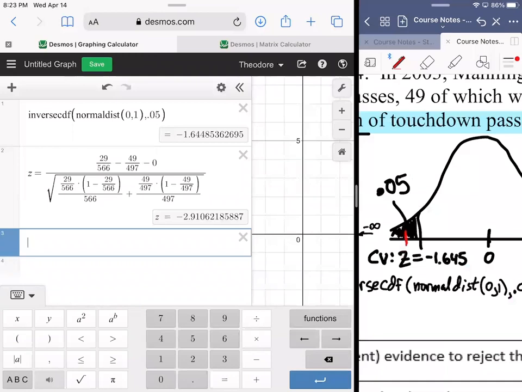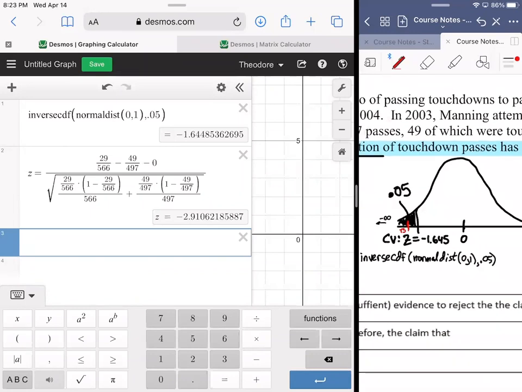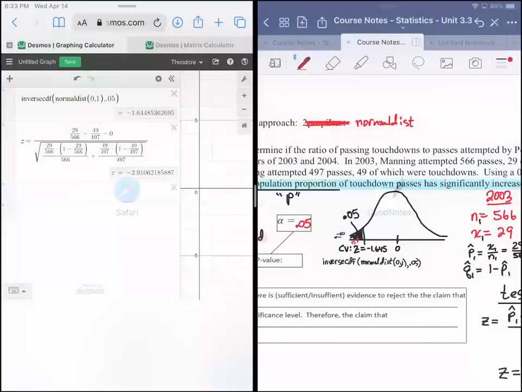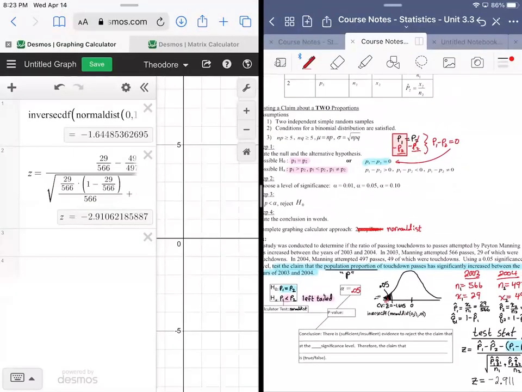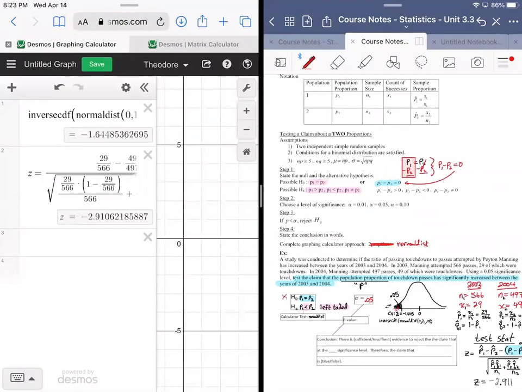So maybe somewhere like here. I don't know. It doesn't matter as long as we know that it's in the shaded area. Right. So we're looking at a case where we would reject the null hypothesis because it's falling into the shaded region, which would mean that the alternative is the one that's true.